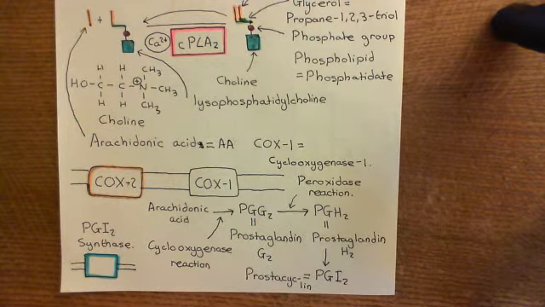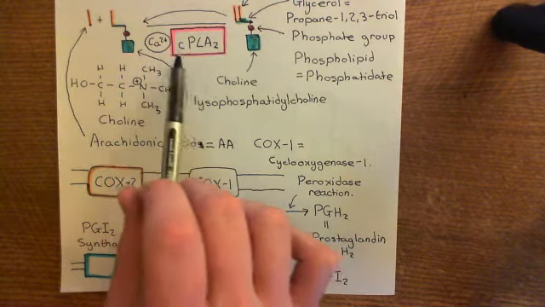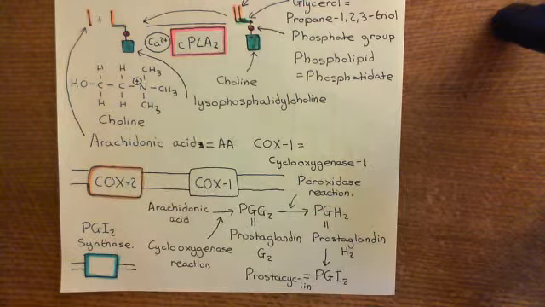This calcium will then bind to a C2 domain of the cellular phospholipase A2 enzyme, and it will then migrate from the cytoplasm to the inner leaflet of the phospholipid bilayer. There it will start breaking down the phosphatidylcholine molecules in the phospholipid bilayer into lysophosphatidylcholine and arachidonic acid.